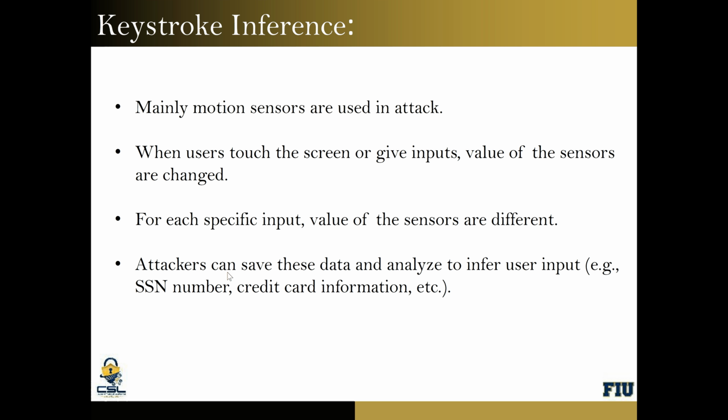So when a user types on the device, the keystroke or finger movement can be caught by these motion sensors. When users touch the screen or give inputs, the values of the sensors change, and for specific inputs, the values are different. An attacker can save this data and analyze it to infer user input, like your SSN or your credit card information, from this motion sensor data.